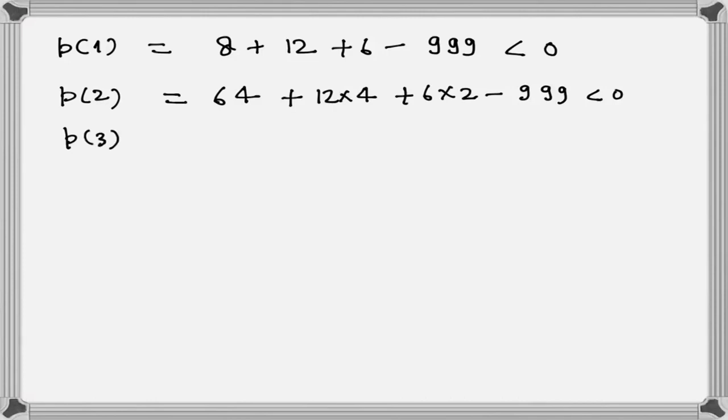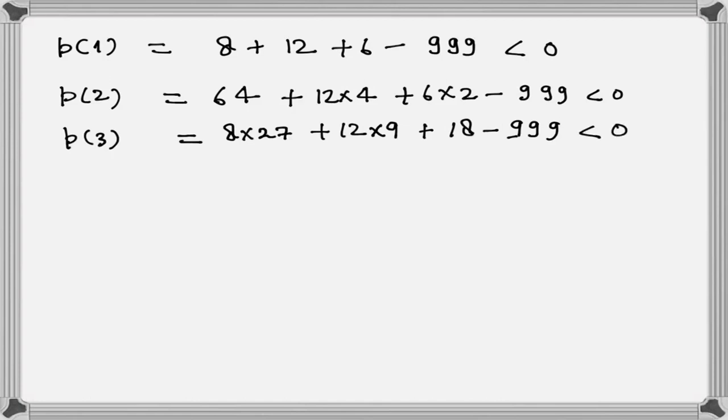What about P(3)? P(3) is 8 into 27 plus 12 into 9 plus 6 into 3, which is 18, minus 999, and this also turns out to be less than 0 if you just calculate it, because definitely this number is less than 999. So what about P(4)?